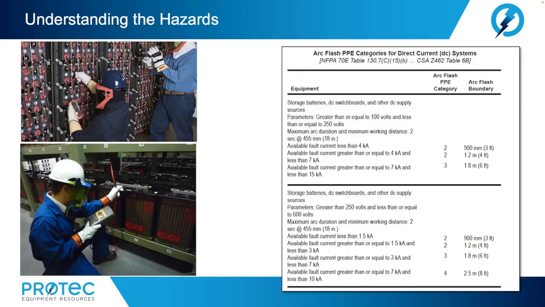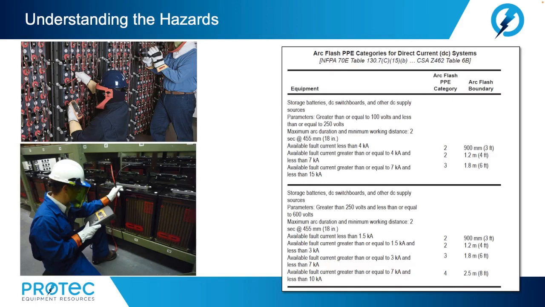Now, if an incident energy analysis, or an arc flash study, if you will, has not been performed, again, we can go to the industry guides such as the NFPA 70E or the Canadian CSA Z462, and we can utilize what is called the category method for determining the arc flash PPE that we would need to don, and also the arc flash boundaries that would need to be established.